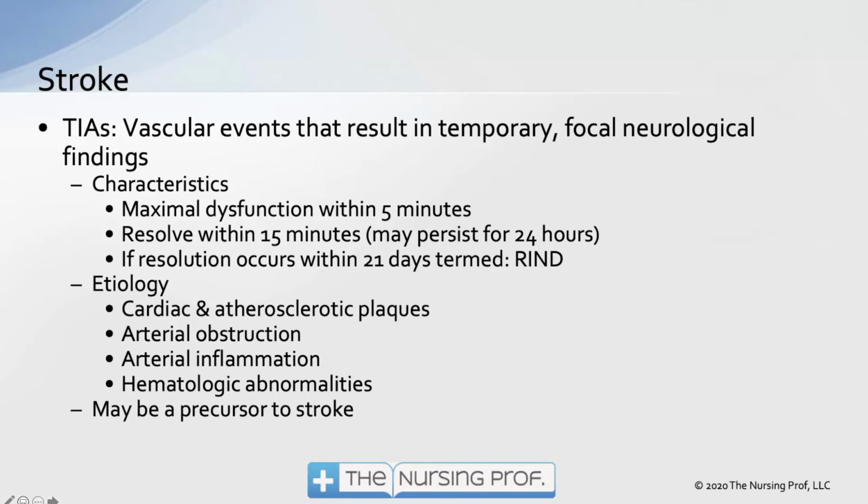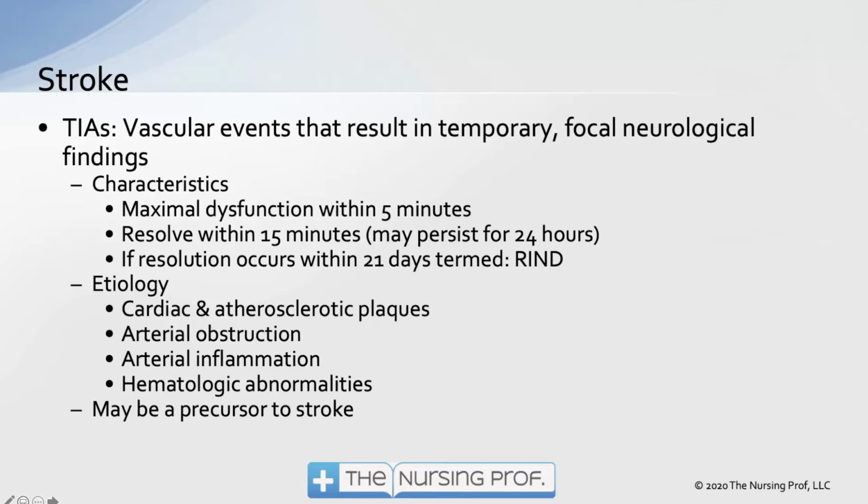TIAs are vascular events. So this is an ischemic event, the same way as a patient who's having unstable angina. So a TIA, they're having an ischemic event, but for some reason, the symptoms resolve. So let's take a look at some of the ideas, some of the thought process behind how TIAs resolve.